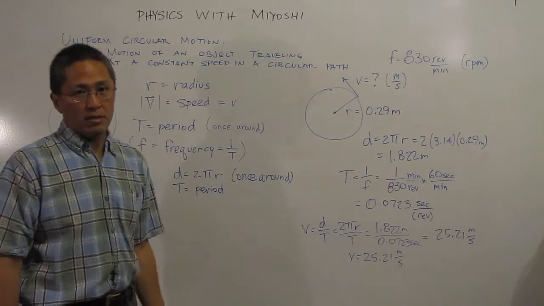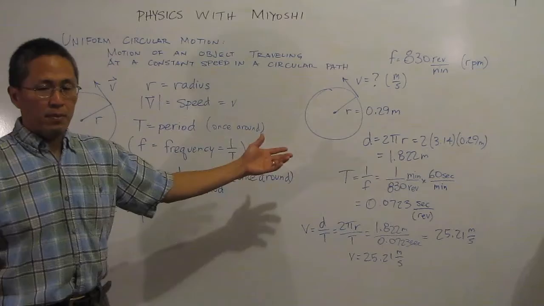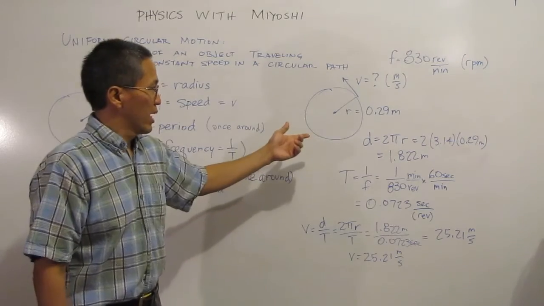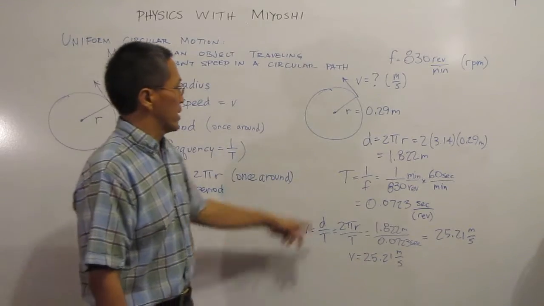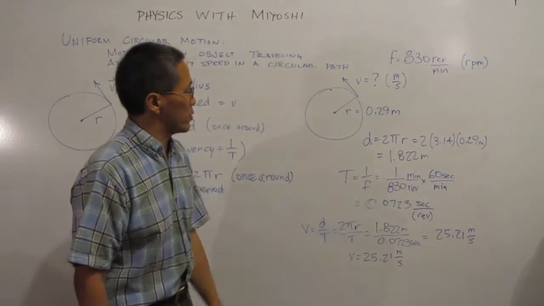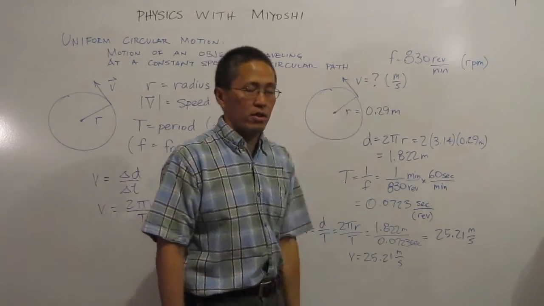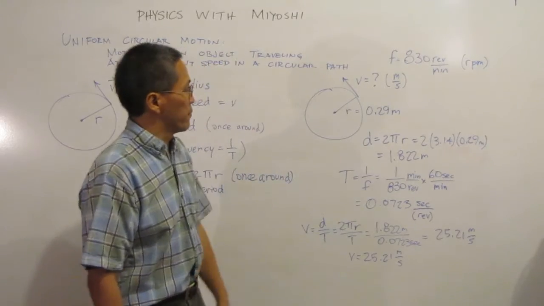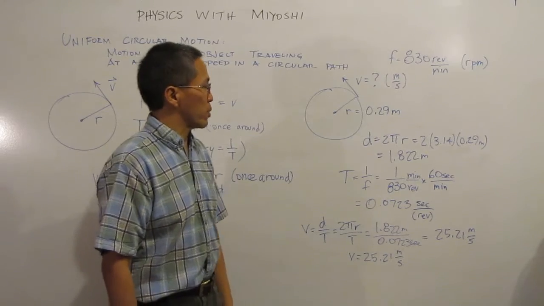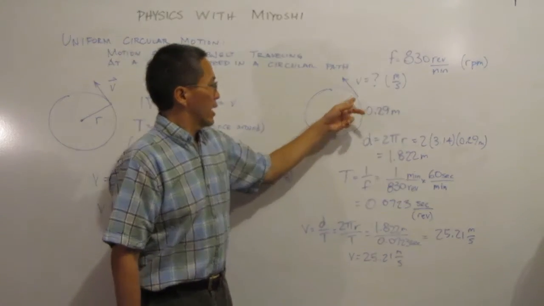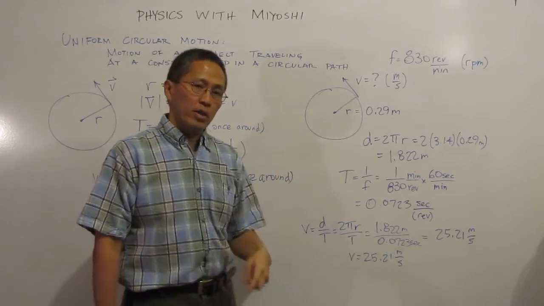Well, in our particular textbook, we have an example of a tire balancing piece of equipment going around at a certain frequency of 830 revolutions per minute. Also, you can say RPM, if you see that, remember that's revolutions per minute, hopefully. And it's got a radius of 0.29 meters.